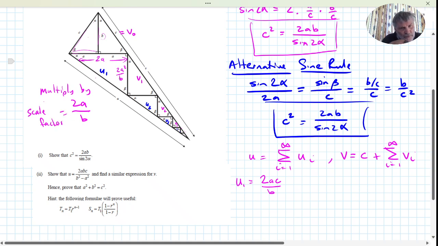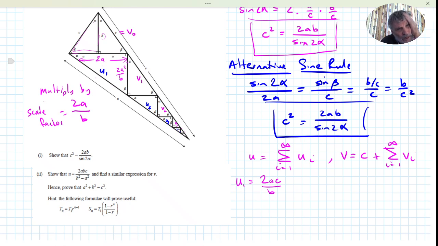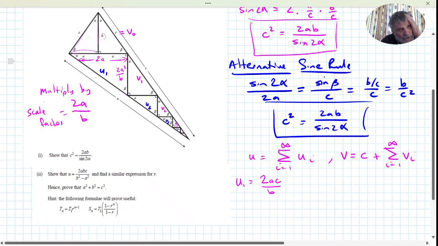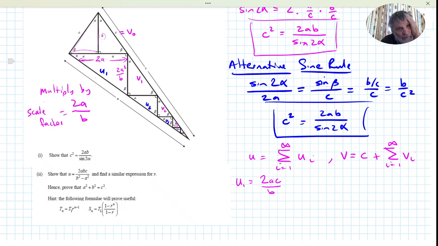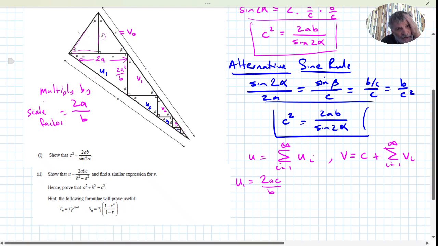And then we can keep on doing this because we now have a triangle here and then this triangle over here, which makes up the v1 side, or includes the v1 side. We can look at the scale factors there as well, because the shorter side on the big triangle here becomes the longer side. So to get from here to here, the scale factor is a over b. So that means the shorter side is going to be this side multiplied by a over b.